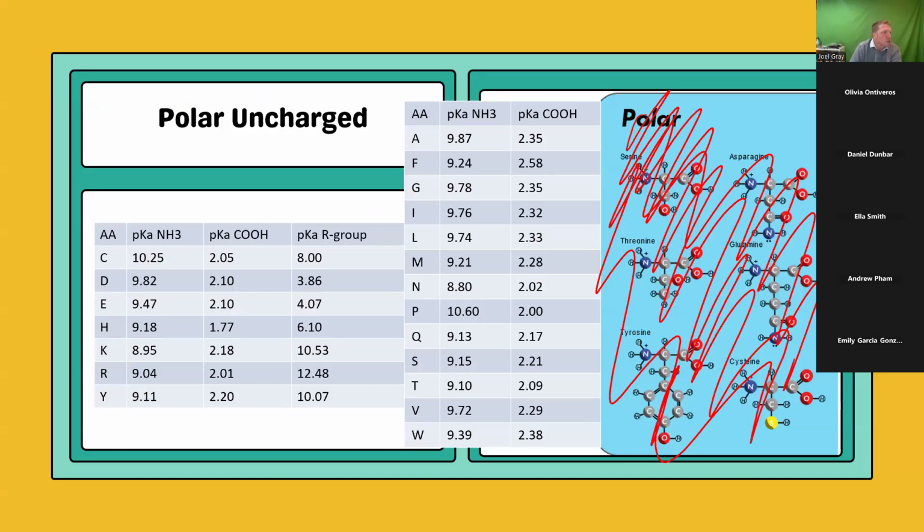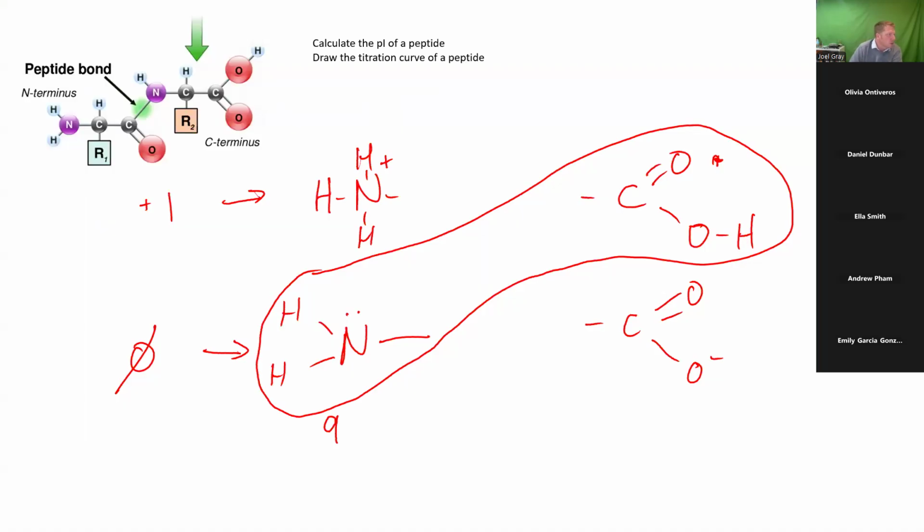If you look at all of these N termini right here and here, they're closer to 9. So if the pH is below 9, then it's going to be a group that's protonated. I'm going to call this 9.XX just as a filler. The C termini has a pKa of about 2.XX.